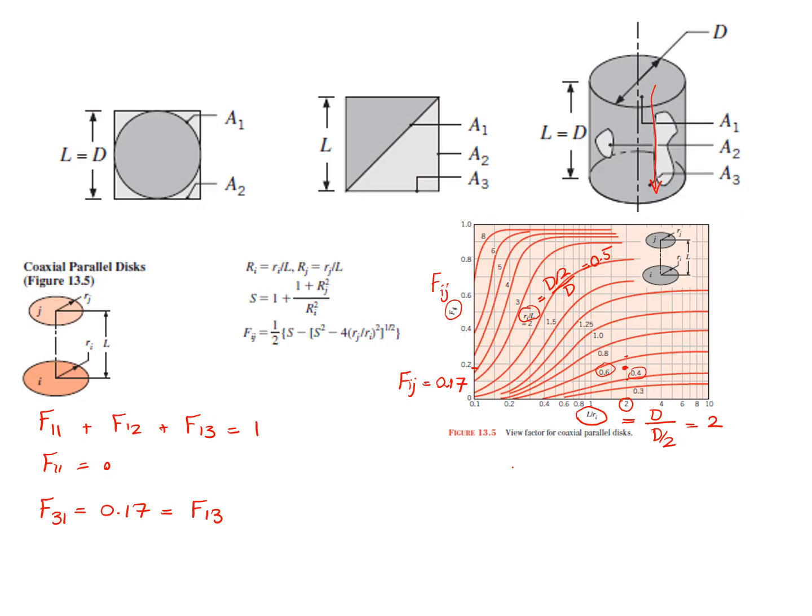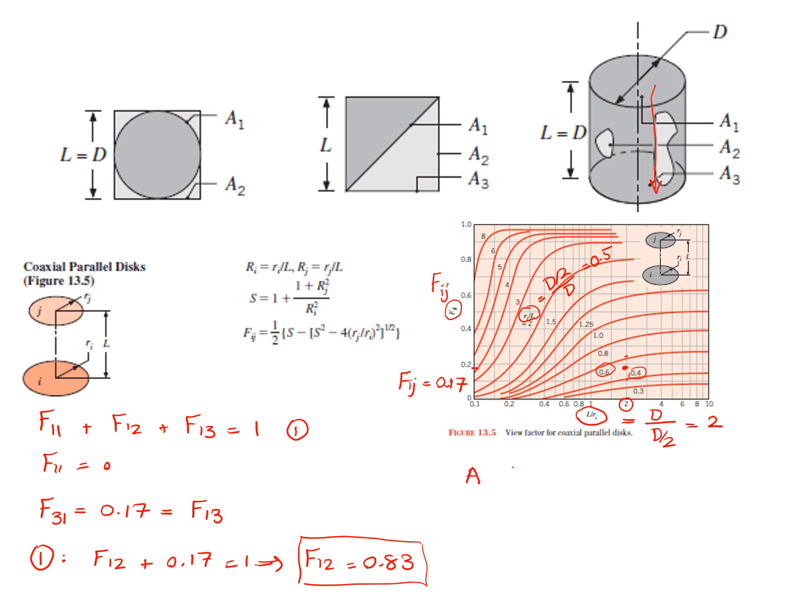So now that I have F13 equal to 0.17, I can now go back to my relation 1 and say that F12 plus 0.17 is equal to 1, which gives me F12 as 0.83. Now that I have F12, which is one of the things I wanted to calculate, I now have to calculate F21, which again, I go back to the relation that I typically use.